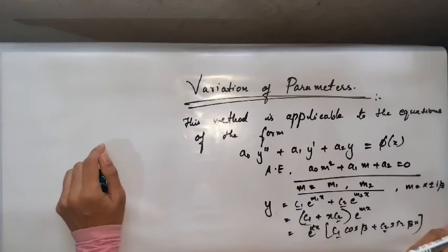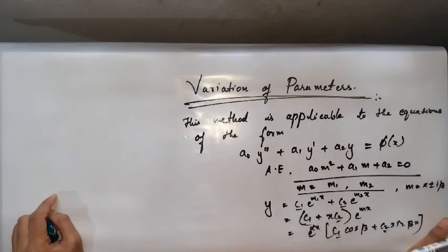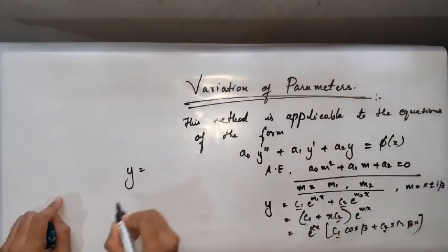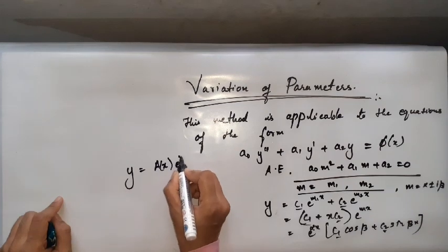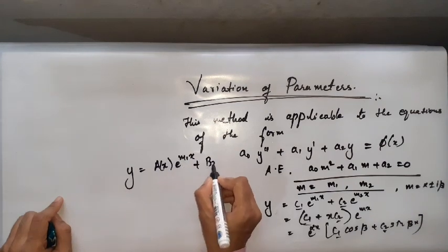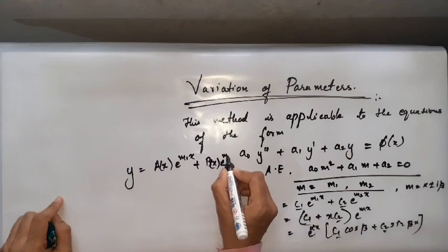In place of them, we use arbitrary functions of x. So for example, if the roots are real and distinct, I'm going to say my solution y as a of x into e to the power m1 into x plus b of x into e to the power m2 into x.